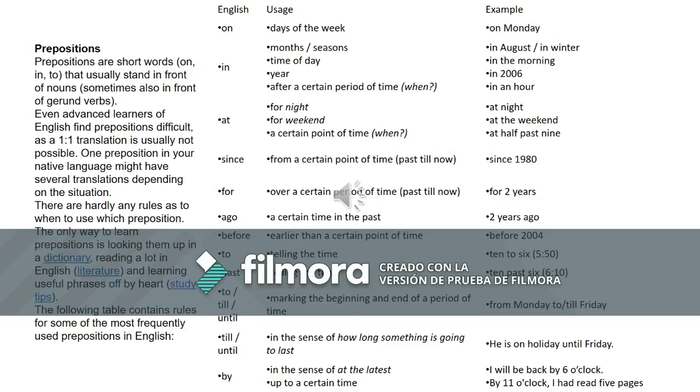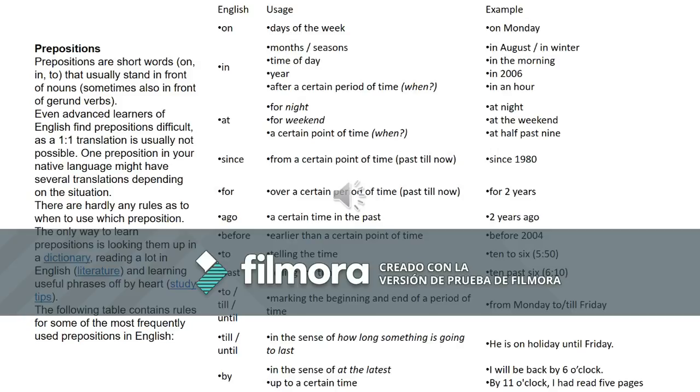Since. Since is used from a certain point of time past till now. Since 1980. Fourth, over a certain period of time past till now, for 2 years ago, a certain time in the past, 2 years ago, before, earlier than a certain point of time, before 2004. 2. Telling time. Also past is for telling time. Examples 10 to 6, 10 to past 6.